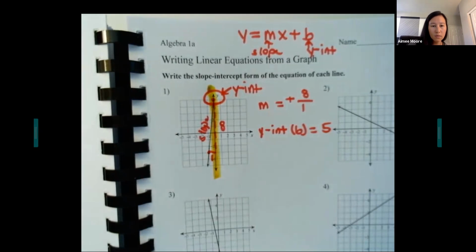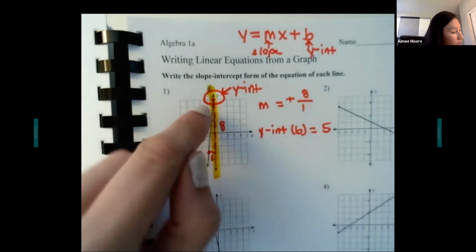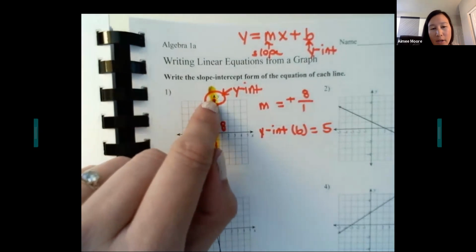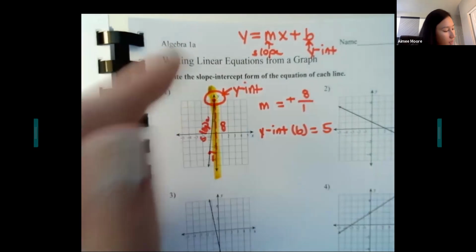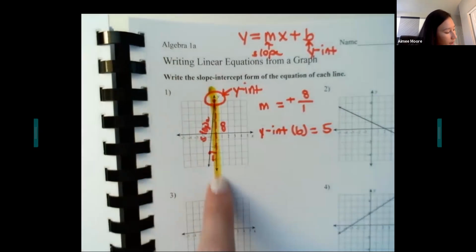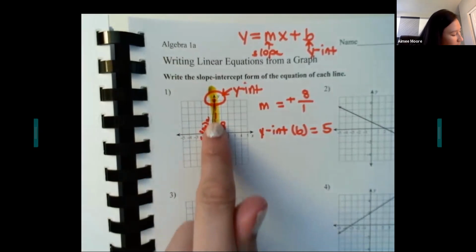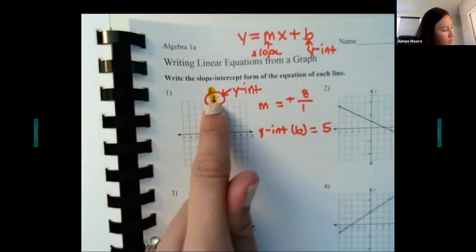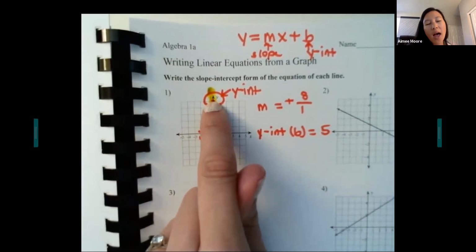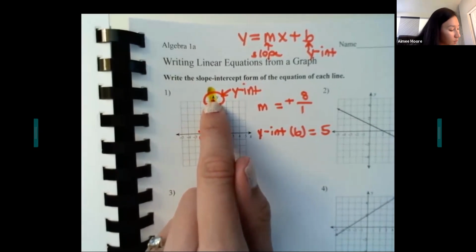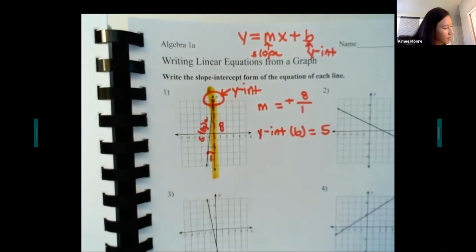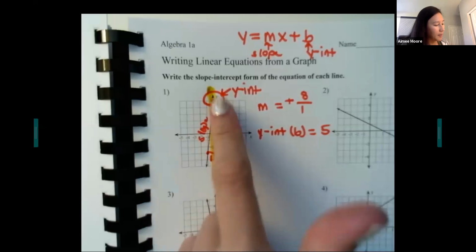So we're just trying to find the tip of the point. So you're looking where your line goes through the y-axis. So this whole line right here is the y-axis. So you just move your finger until your graph hits the y-axis, which is right here at the very tip. The other ones will be easier to see, but I think you'll see it more clearly on the next one. This one's kind of hard. Okay, because I didn't get this one at all. Okay.